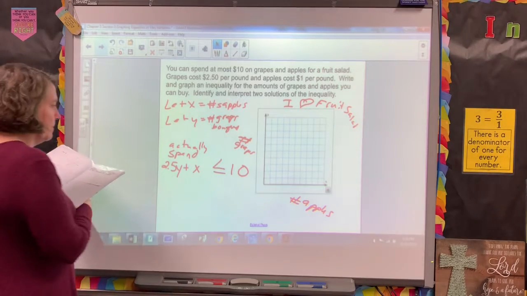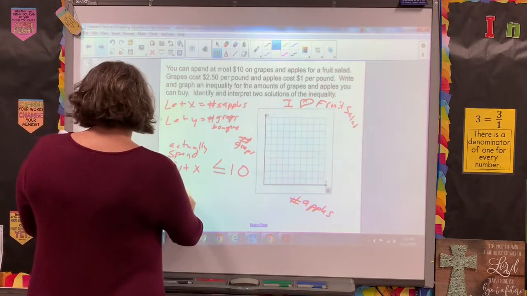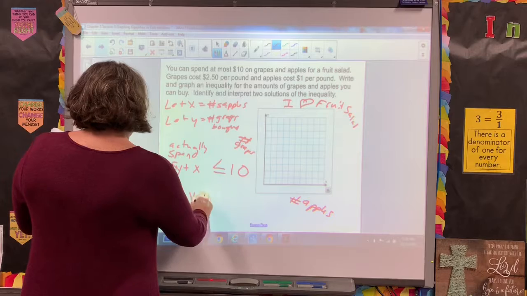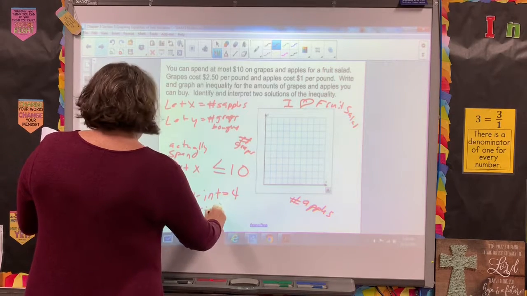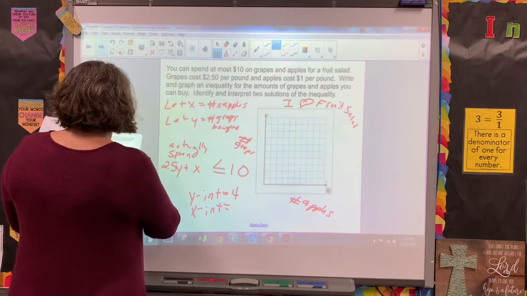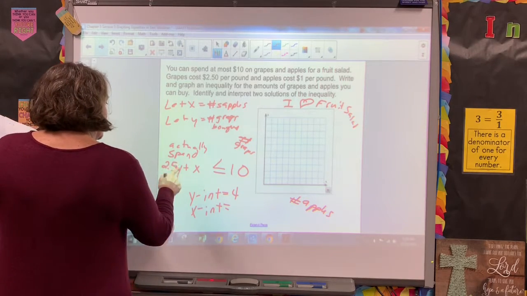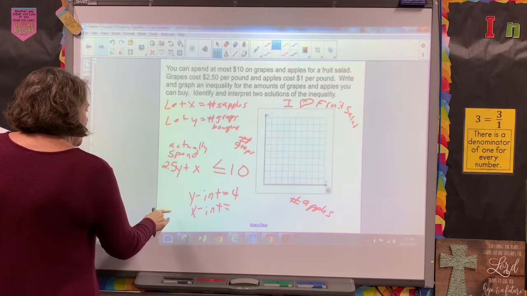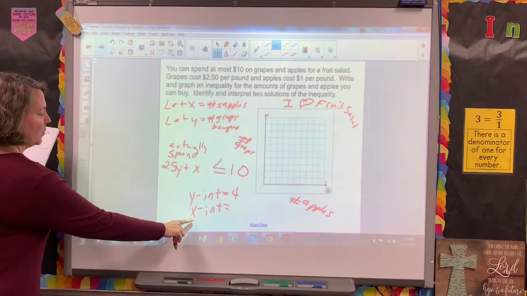What's your y-intercept? Your y-intercept is 4. What's your x-intercept? X-intercept occurs when y equals 0.